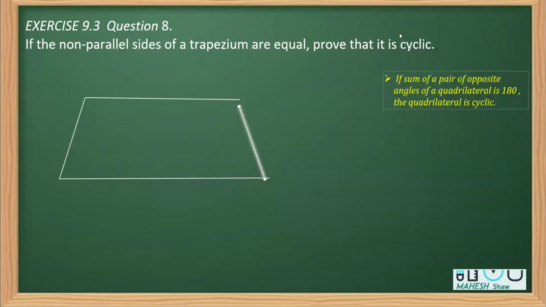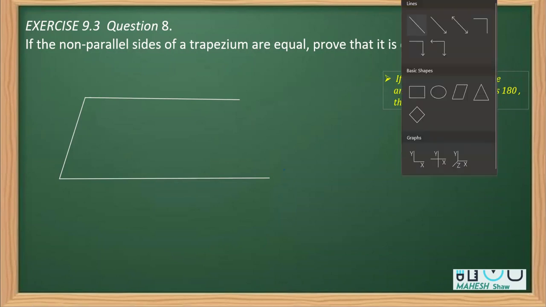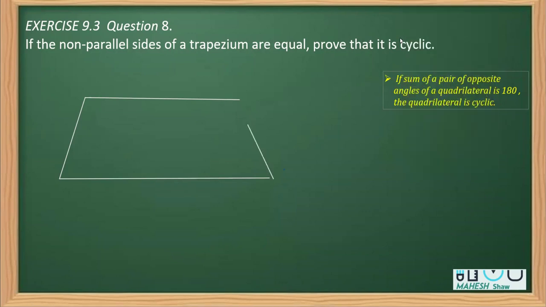And let's say I name this as ABCD. Now we have this trapezium and we name it as ABCD. These are the two parallel sides as you can see in the figure, and the non-parallel sides are AD and BC over here.